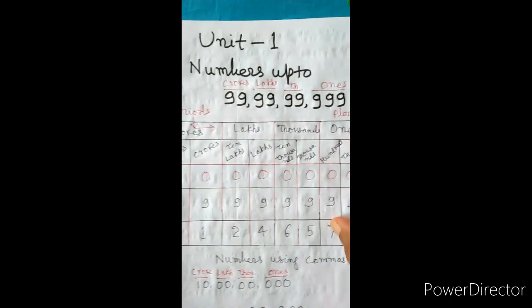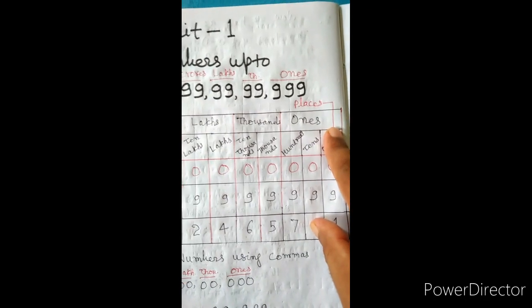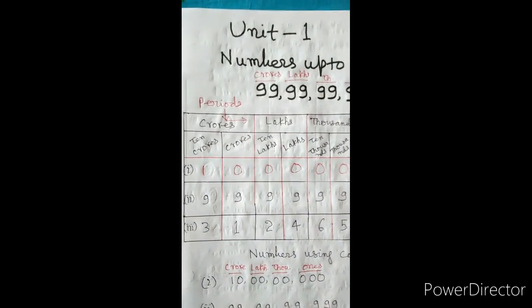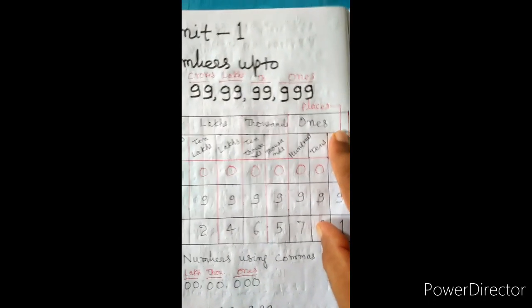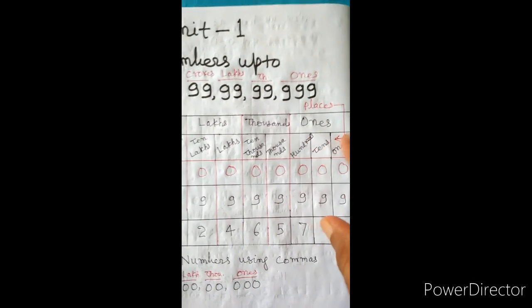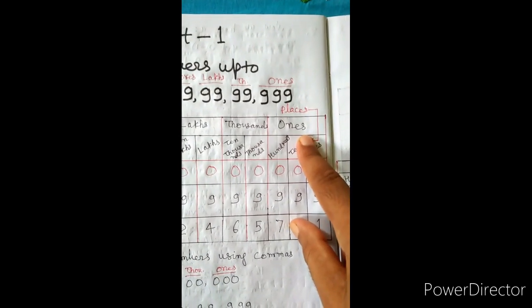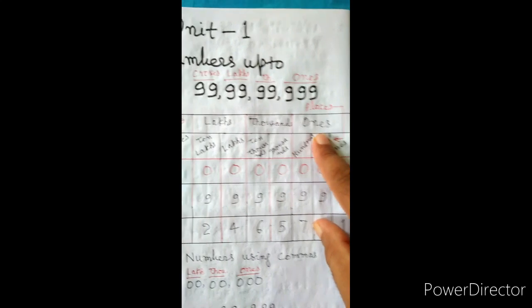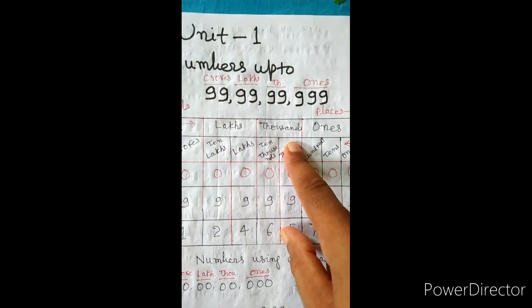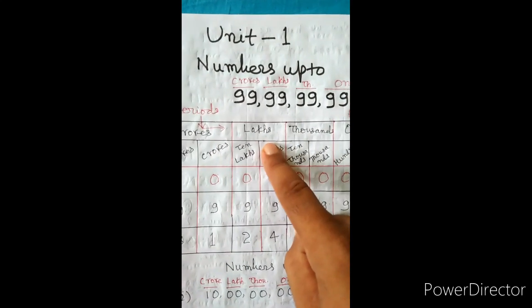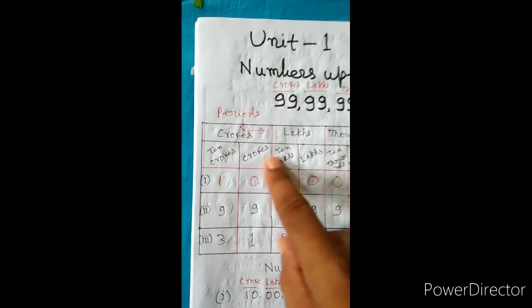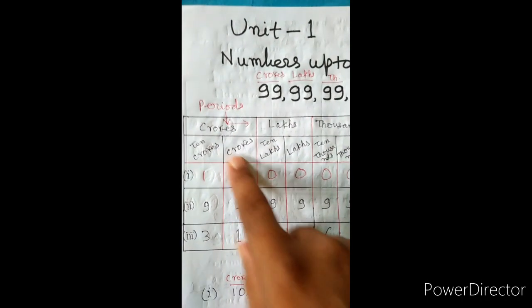All these are 4 periods. In ordinal numbers, we can read it like this: first period is ones, second period is thousands, third period is lakhs, and the fourth period is crores.